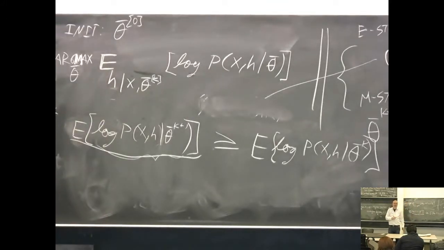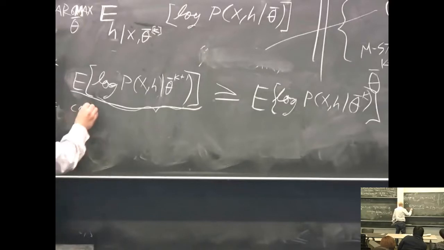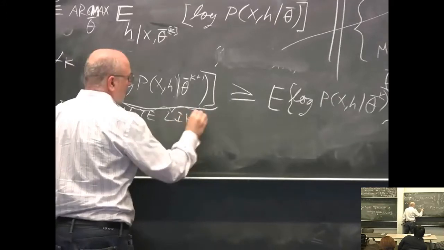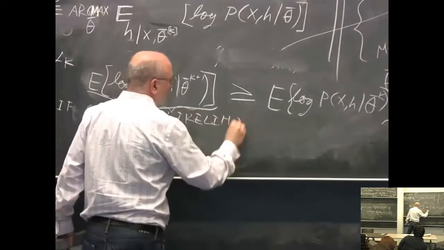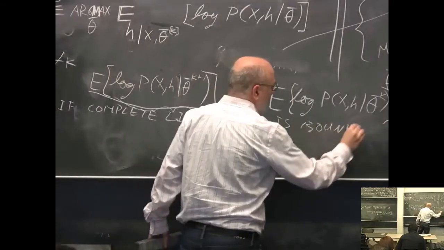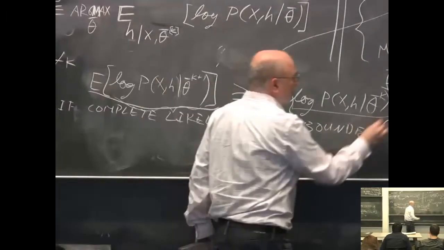But suppose I can prove that this expression that I'm after is bounded, cannot grow above a certain amount. So if it's bounded, if the complete likelihood is bounded, and to prove that it's bounded, it's enough to show that this is bounded for any h.